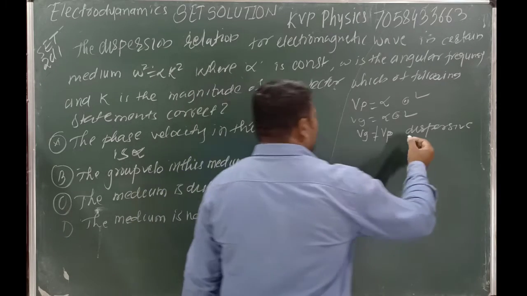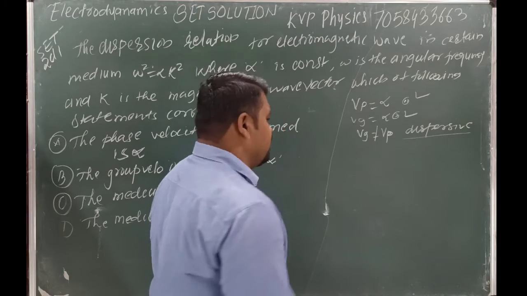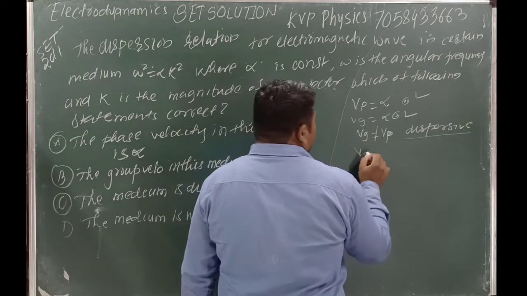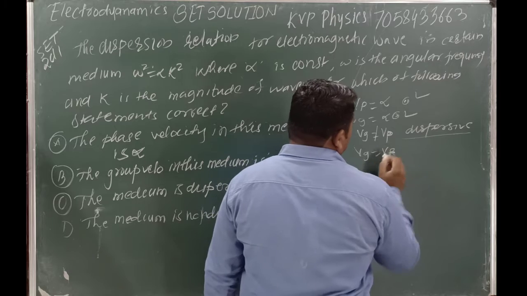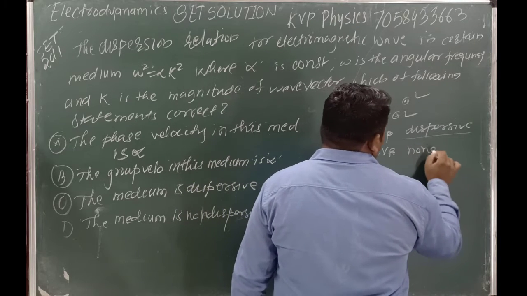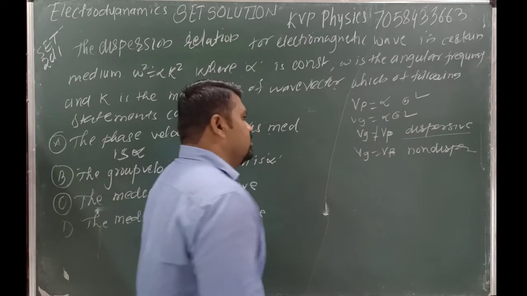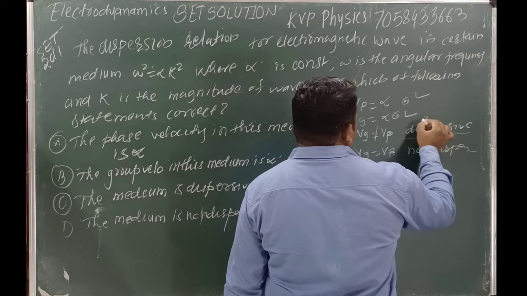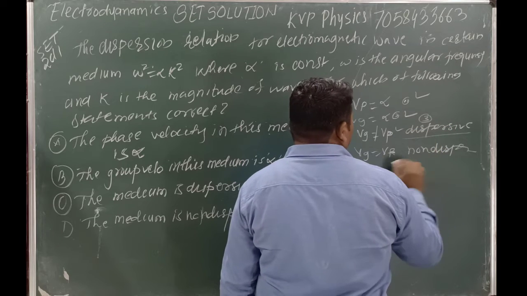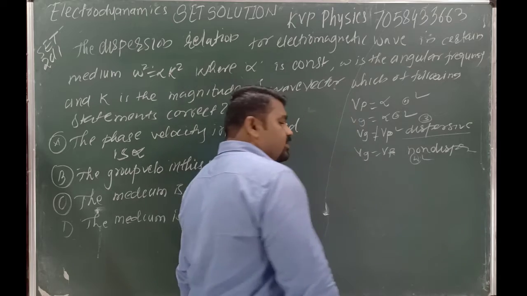This type of medium is known as a dispersive medium, meaning light is dispersed in this case. Next, Vg is equal to Vp. Then we can say this medium is non-dispersive. Then the third option is correct. And if Vg is equal to Vp, then the fourth option is correct. Got it? All the cases.